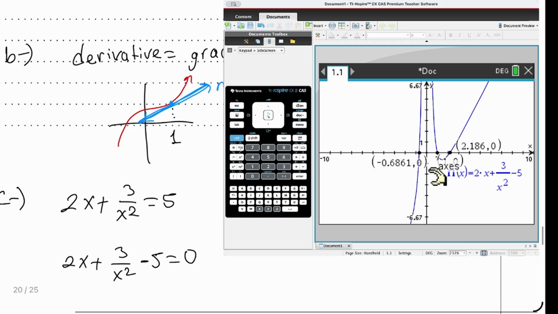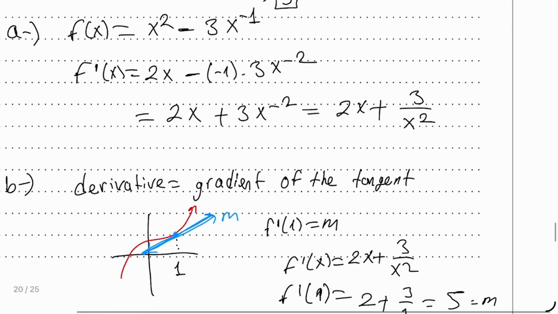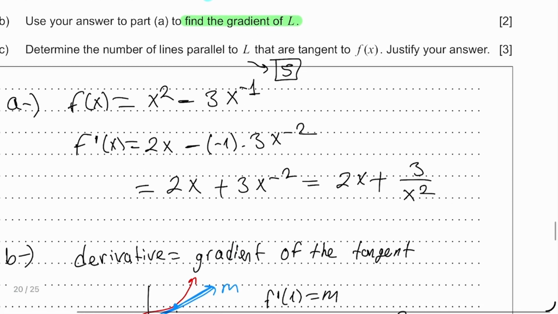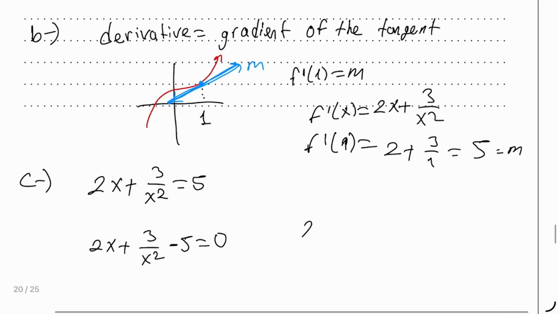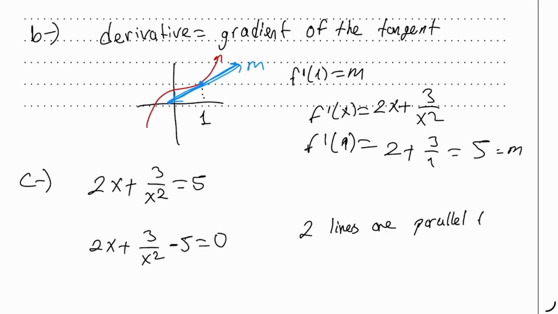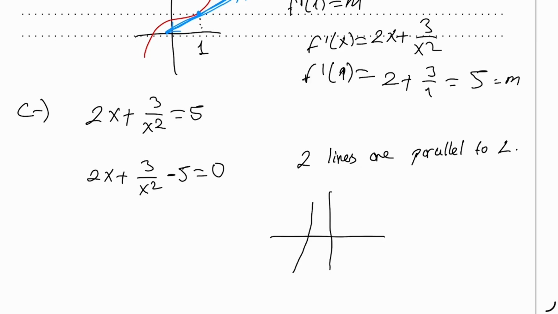So let's go back to what the question asks: determine the number of lines parallel to L, justify your answers. So 2 lines are parallel to L. We can copy the graph on the calculator, and this function is f(x), right?